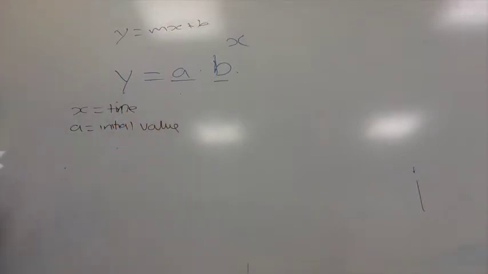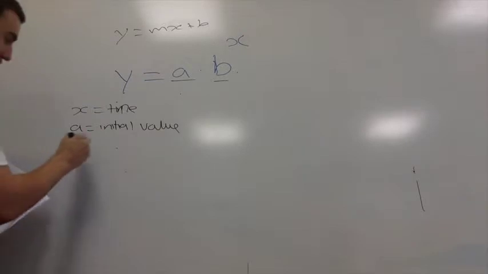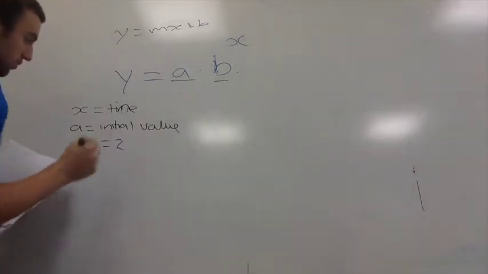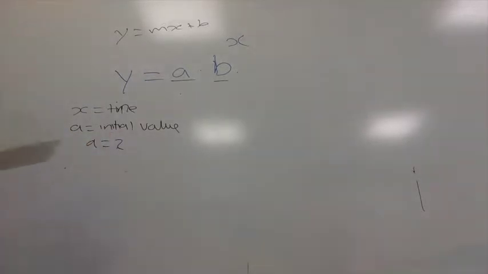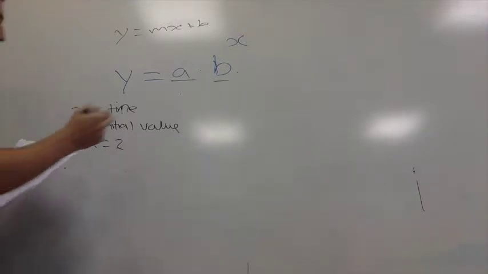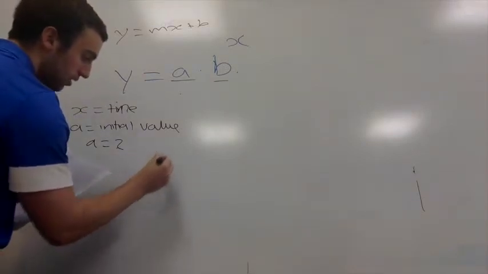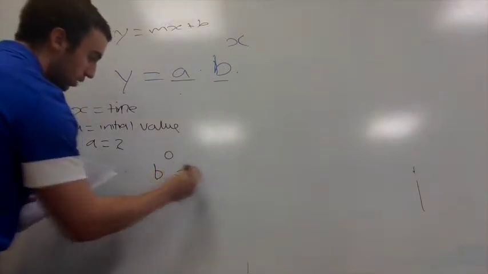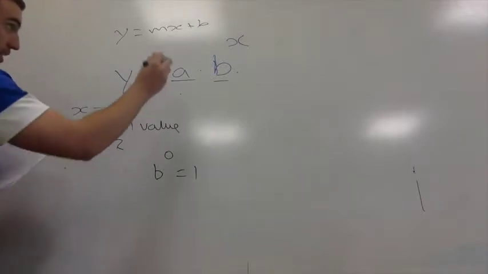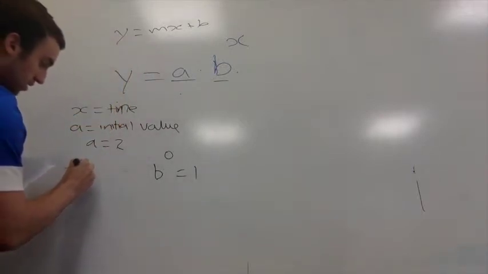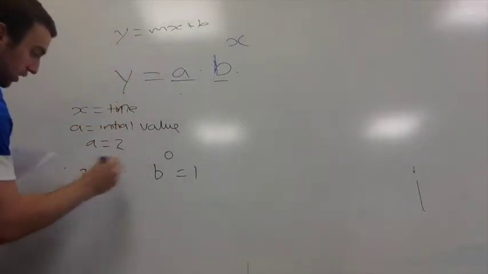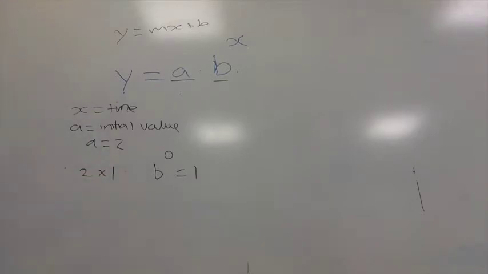In Greg's circumstance with his investment, the initial value was 2. Now you might ask, why is 2 the initial value? Because if x is time, then the initial value of x will be 0. We know that any number to the power of 0 is equal to 1. Therefore, a times b to 0, no matter what b is, it will always be the initial value.